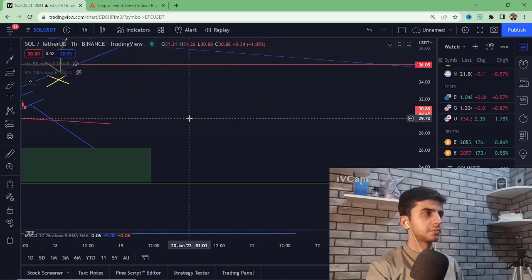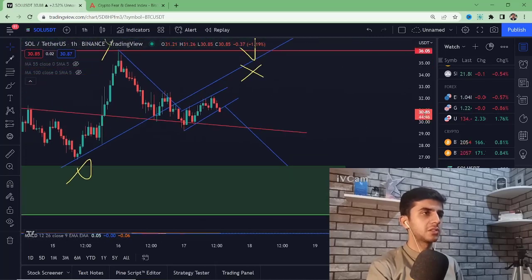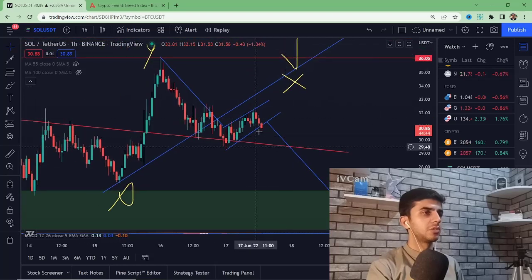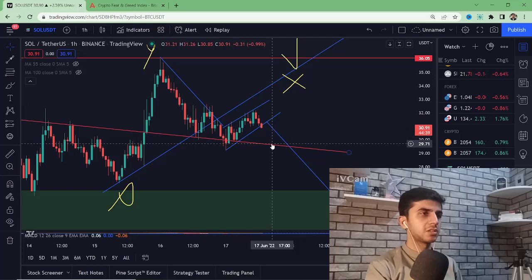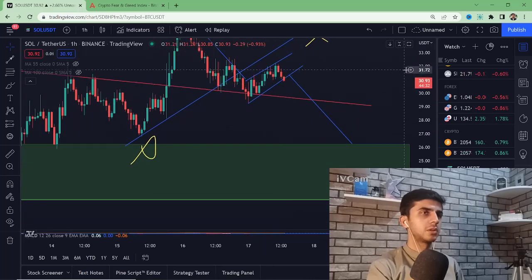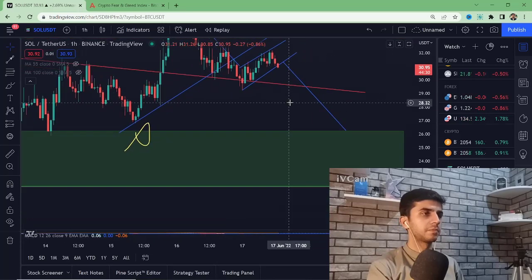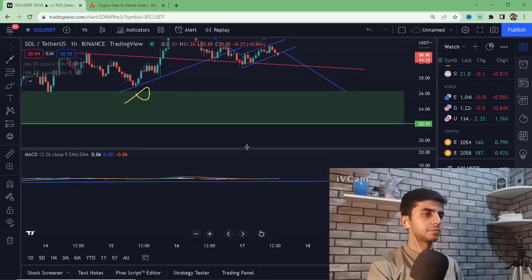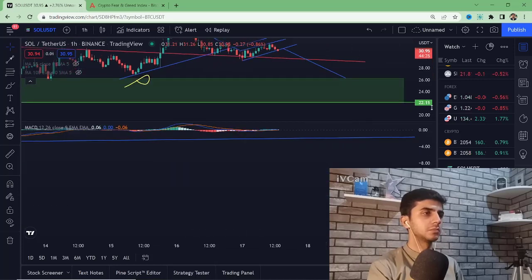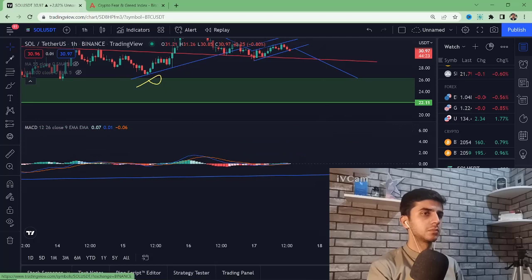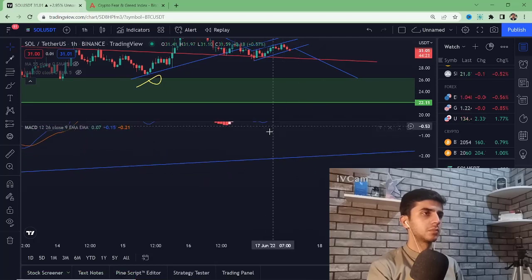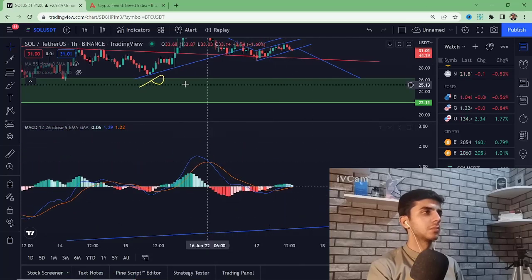And now you see, I told you that this thing can break down. It seems like it is breaking down. So we will see the reaction of this trend line first. I think it is not going to hold anymore. Or let me just check this thing. Okay, we're going to check the RSI.